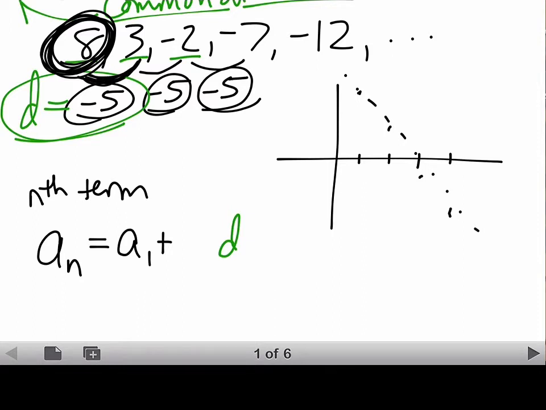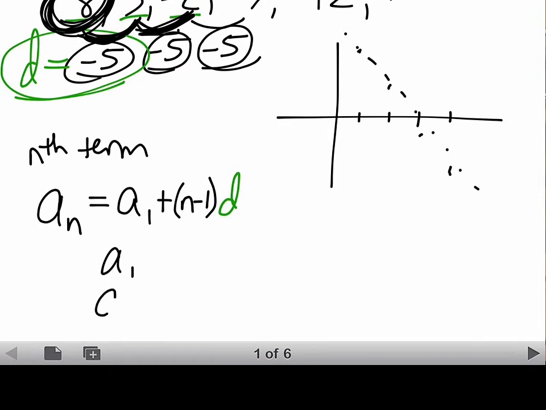For the third term, you had to add the common difference twice. This pattern emerges that says, the common difference got added one fewer time than the term you're looking at. Look, for the first term, you'd have a sub 1. The second term, a sub 2, would be the first term plus the common difference.